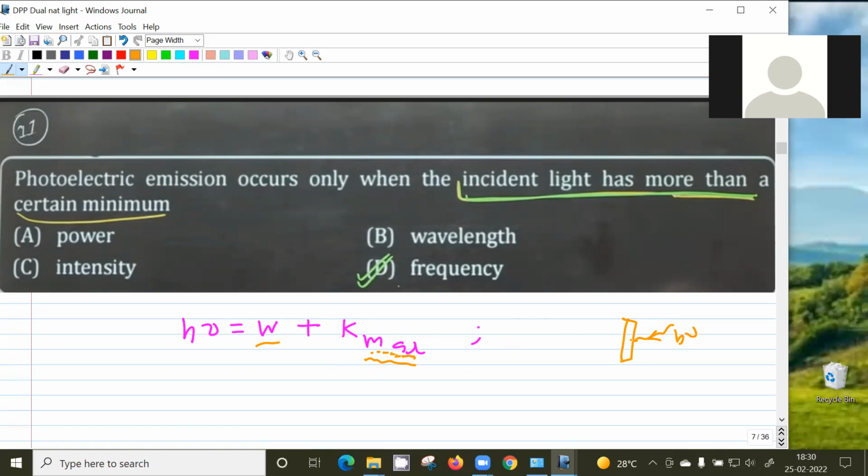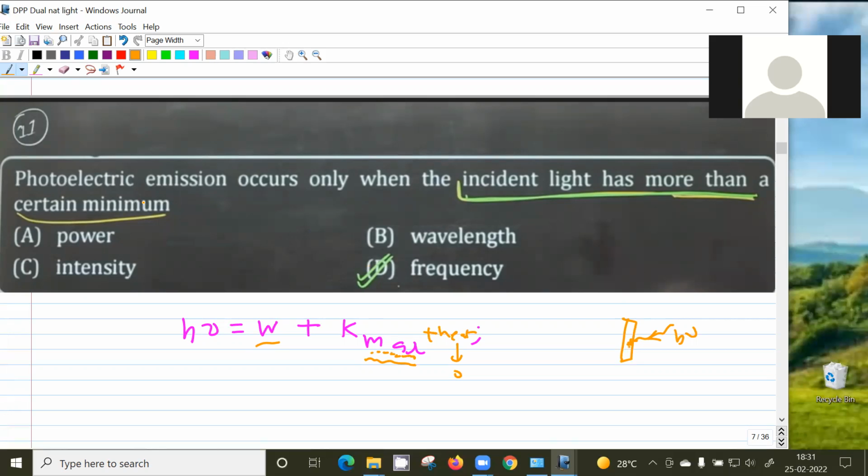It can also produce some heat. It's actually plus some heat, but when this heat is zero, kinetic energy will be maximum. So it's an assumption that there are no other energy losses. Whatever the energy of the photon, it goes into knocking off the electron, that is W or phi, the work function. Then the remaining fully goes into kinetic energy. Since everything goes into kinetic energy, that's called maximum kinetic energy.